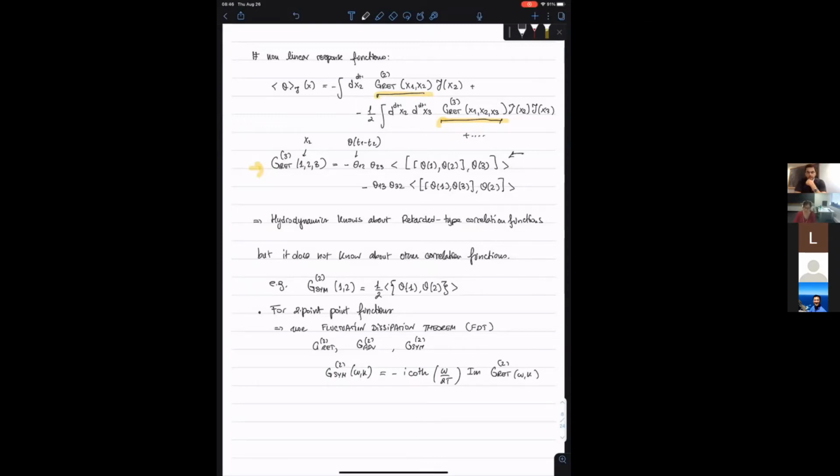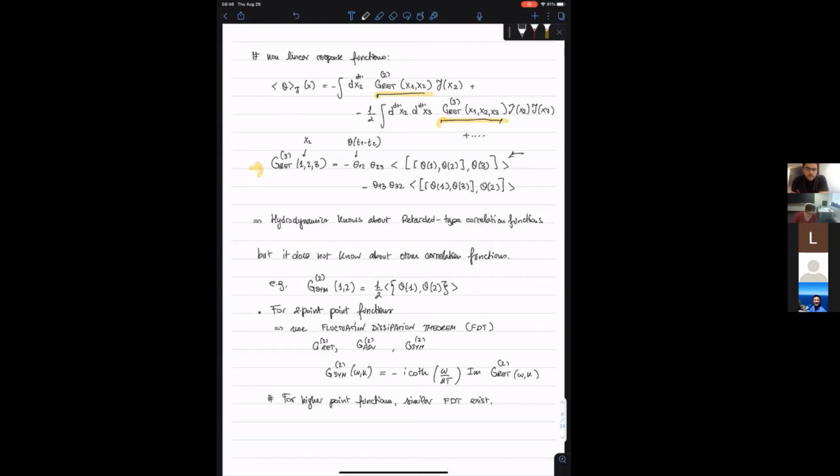So the imaginary part of the retarded correlator multiplied by this cotangent of omega, the frequency, over 2 times the temperature, is going to give you the symmetric correlator. But for higher point functions, similar theorems exist. So similar generalized FDT theorems.